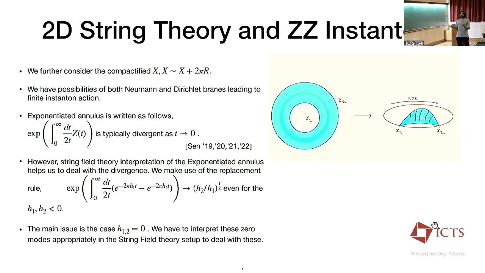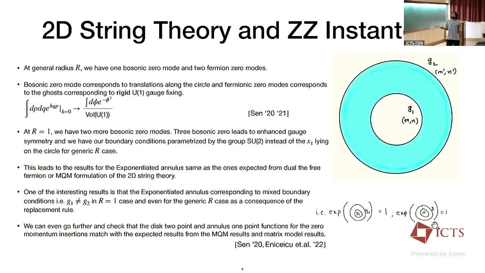These have to be interpreted appropriately in the string field theory setup. At generic radius, we have only one bosonic zero mode. The bosonic zero mode corresponds to translations along the compactification circle. And the fermionic zero modes have some interpretation in terms of U(1) gauge fixing, which is probably not important right now. But I'll just tell you, this is again a replacement rule given by Ashok.